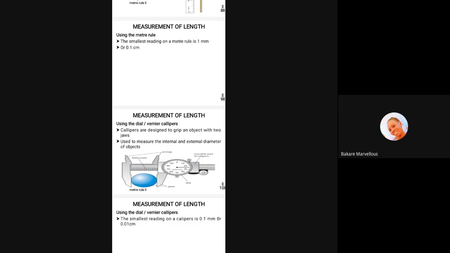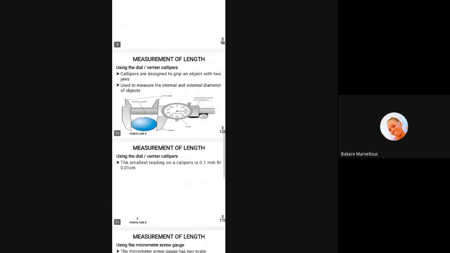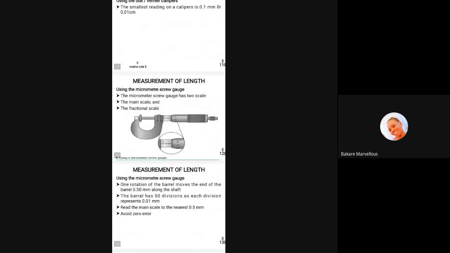How many SF? 1 SF. Good. So 0.1 mm and 0.01 cm, do they have the same SF? Yes. Very good. Because we are still measuring the same length. So they have the same SF. So that is what you have to pay attention to in recording. Right.